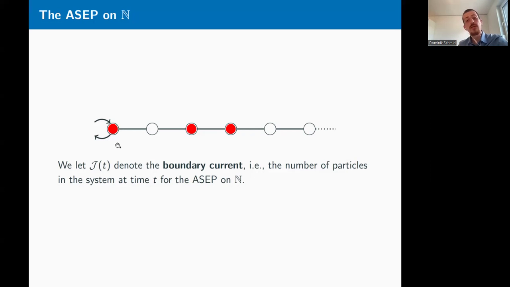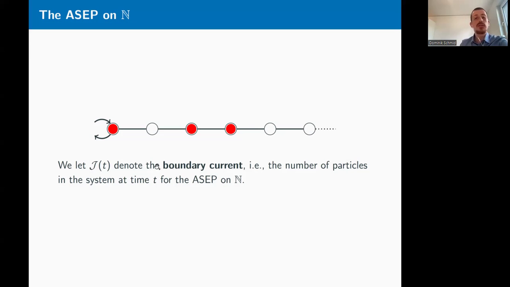I'd like to consider the case where we again have a rate alpha clock for particles to enter, a rate gamma clock for particles to exit, and we're extending our segment towards infinity to the right.